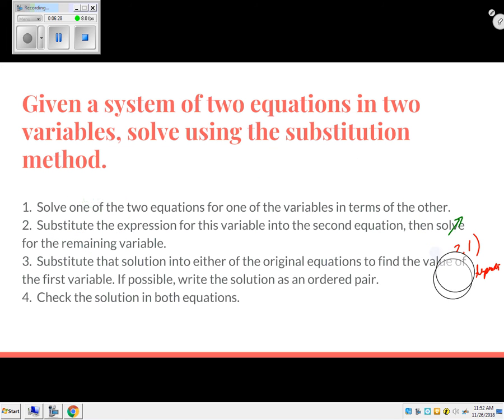So like always, I have the substitution method spelled out right here, just in Mr. Lovelady terms. What I'm going to do is look at both equations and find a variable that I want to solve for. It doesn't matter if it's x or y, and it doesn't matter if it's on top or bottom. I can just solve for one variable. Once I get that one variable solved for, I'm going to jump to the other equation and do a direct substitution in for that variable that I solved for.